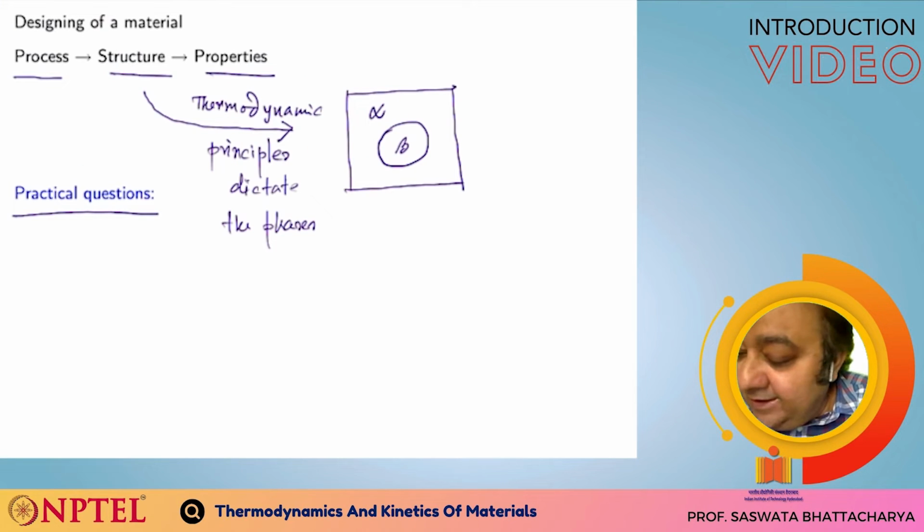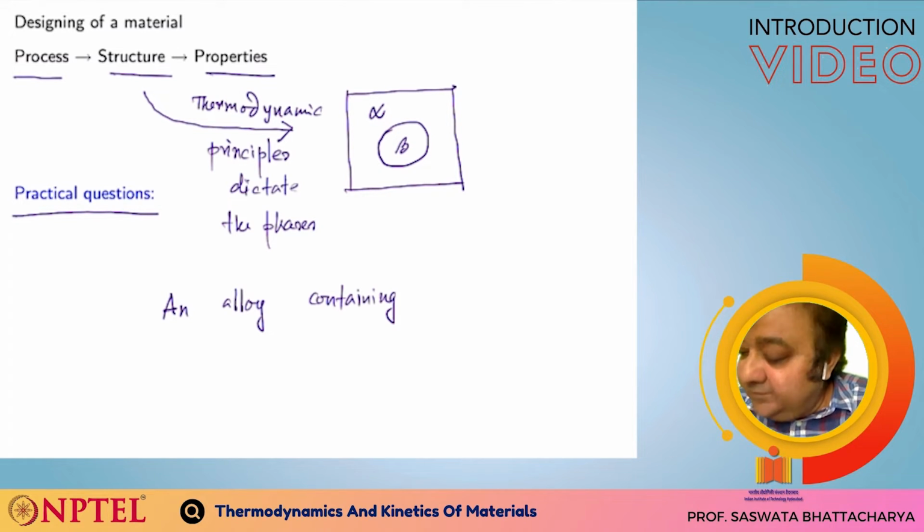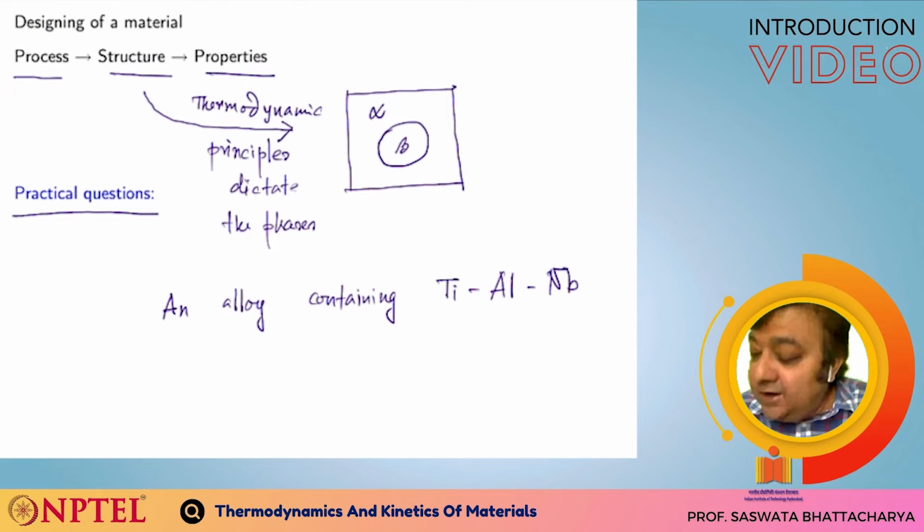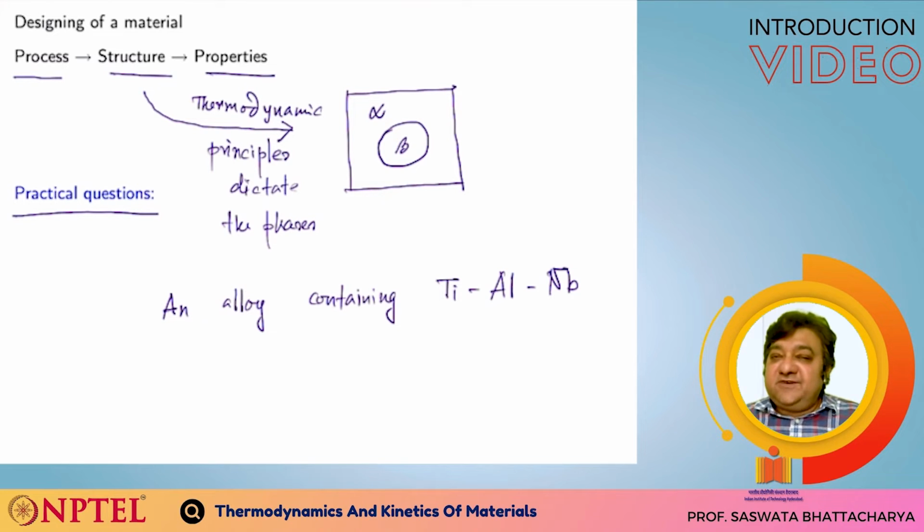For example, if I take an alloy containing, say, three metals, titanium, aluminium and niobium, and I am heating it at a temperature of say 1100 degrees Celsius at standard atmospheric pressure, will it oxidize at that temperature?